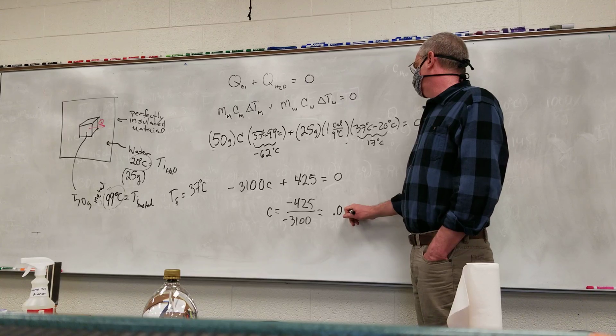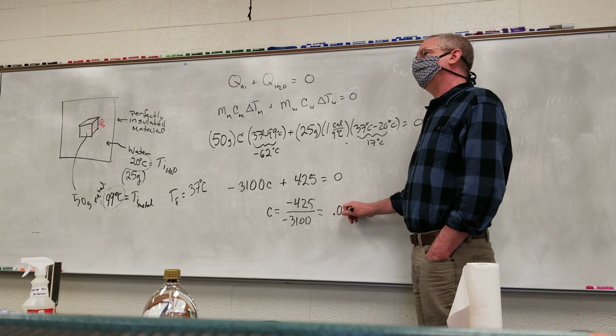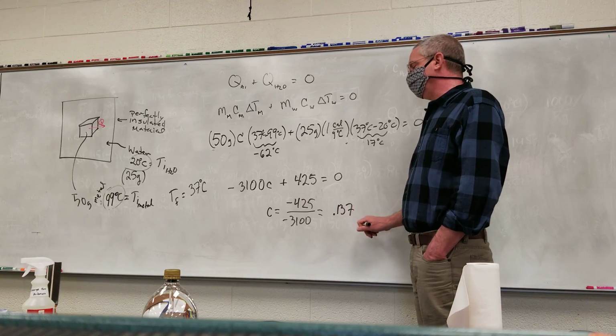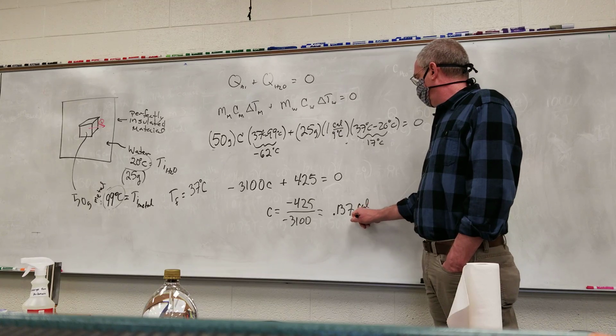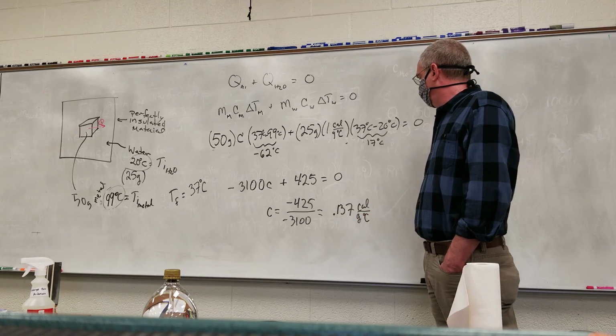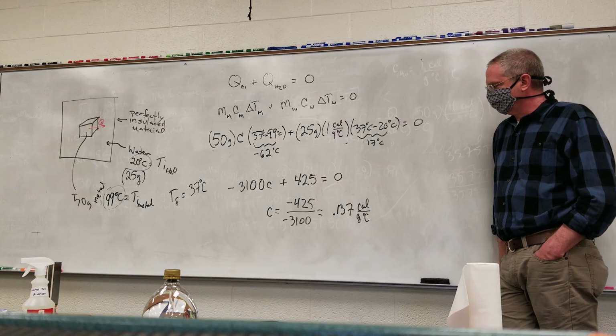Point zero, what is it? 137. 137 units, calories per kilogram degree Celsius. Or grams, sorry, I don't know why I wrote those down.